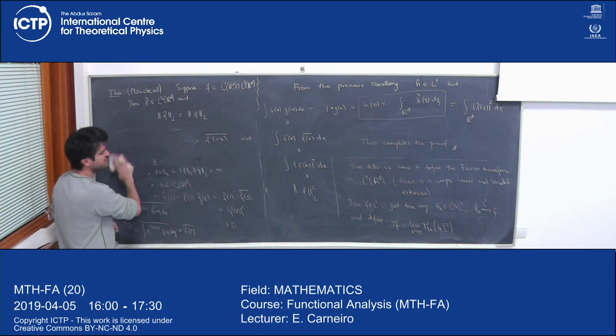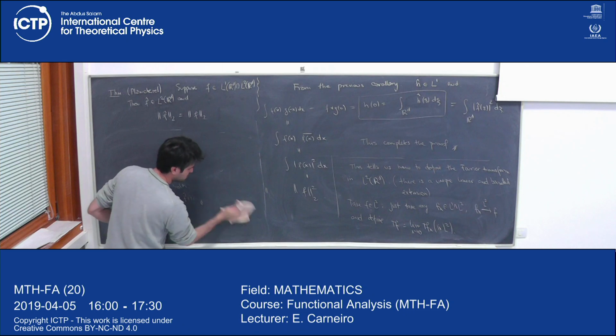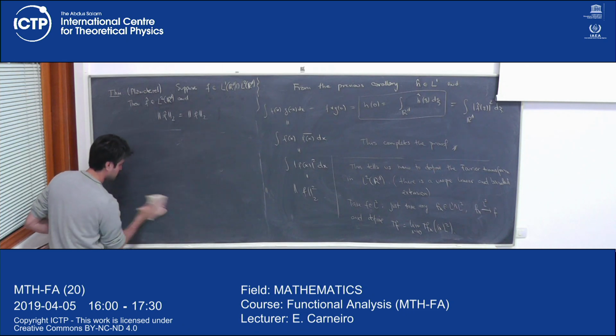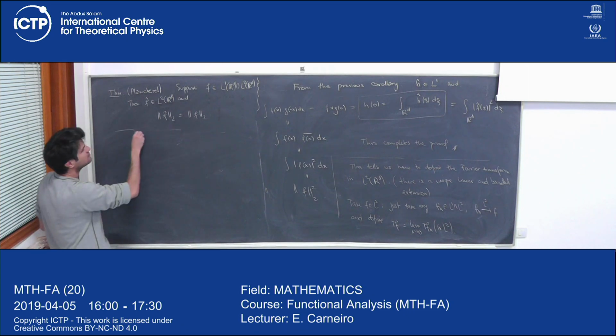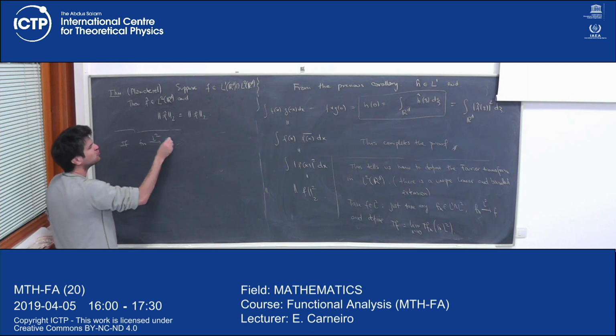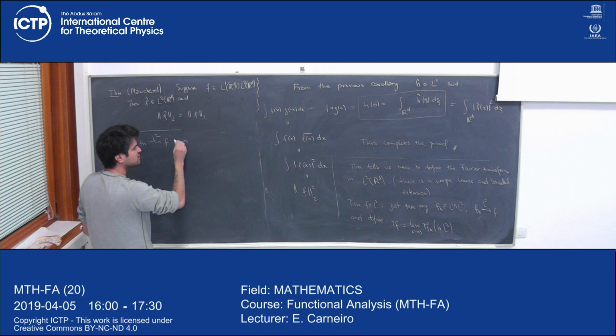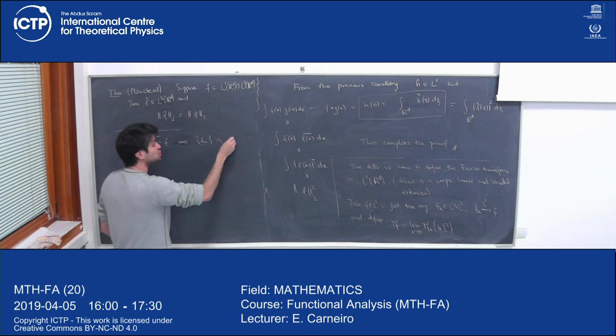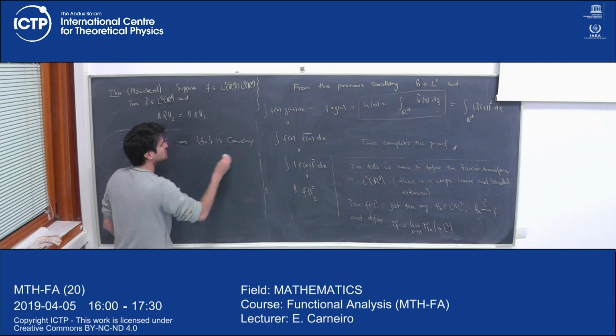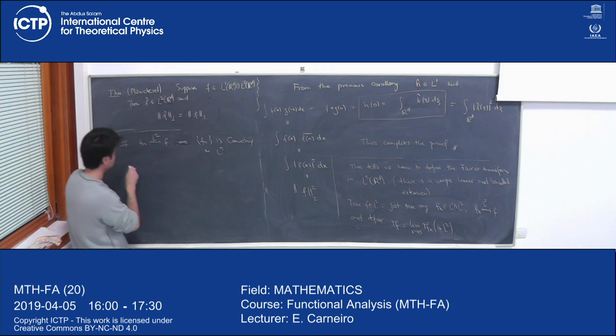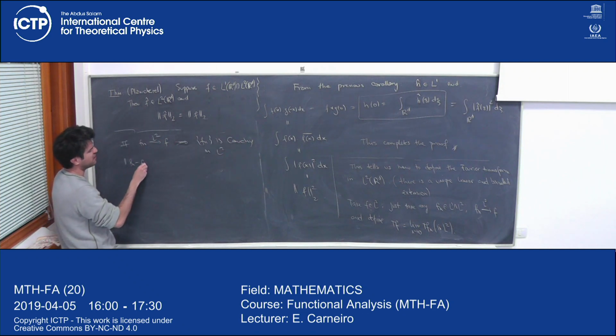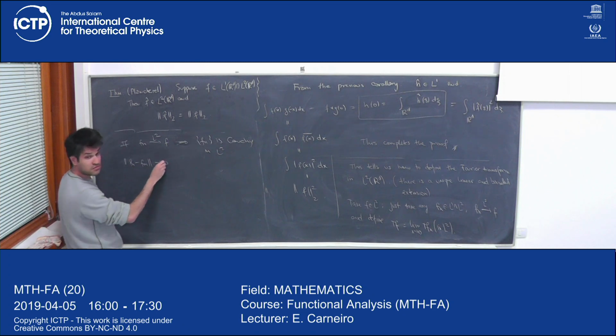Why does this sequence have a limit? Well, you observe that if f_n converges to f in L2, then f_n is Cauchy in L2, since f_n minus f_m goes to 0.